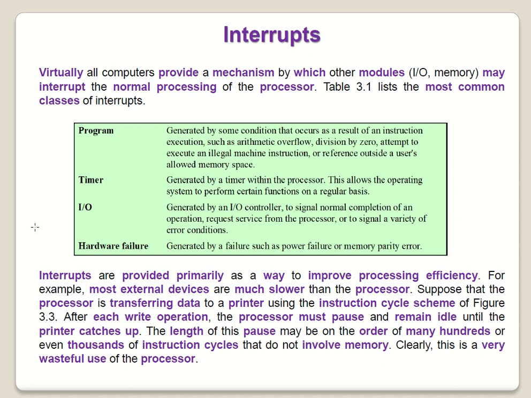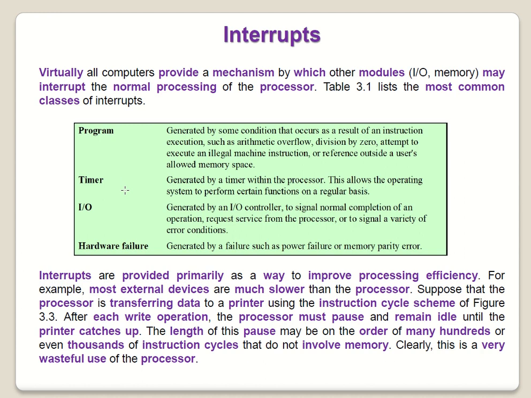Okay. IO: this interrupt is generated by the IO controller. This means it signals the normal completion of an operation and it requests a service from the processor. And then the timer interrupt is generated by the timer, a small component in the processor.